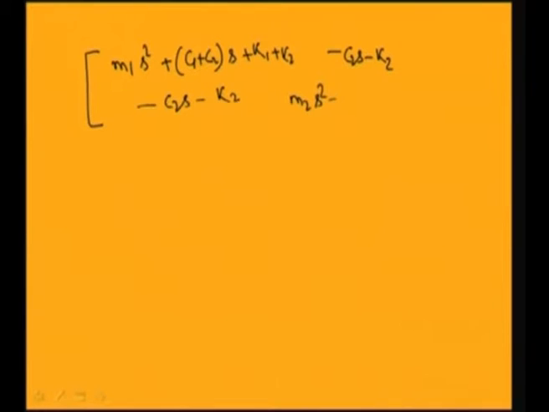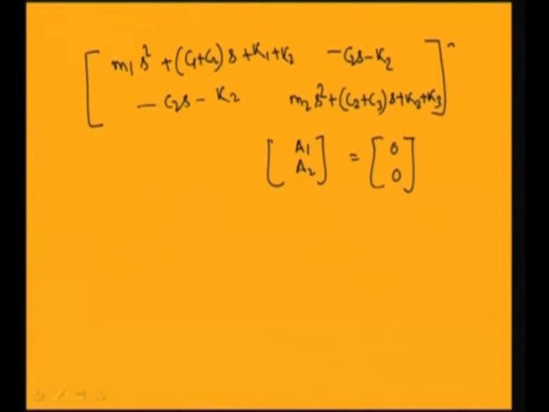So, this becomes the matrix [m1 s square plus (c1 plus c2) s plus (k1 plus k2), minus c2 s minus k2; minus c2 s minus k2, m2 s square plus (c2 plus c3) s plus (k2 plus k3)] into [a1, a2] equal to [0, 0].